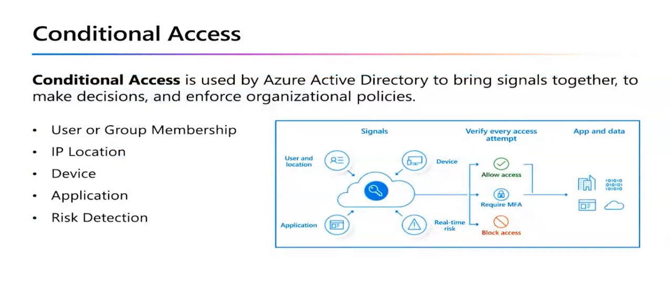Let's talk conditional access. Let's say, for example, you have someone trying to sign in. Say you have an employee named Thomas, and Thomas is trying to sign in from his non-corporate device.